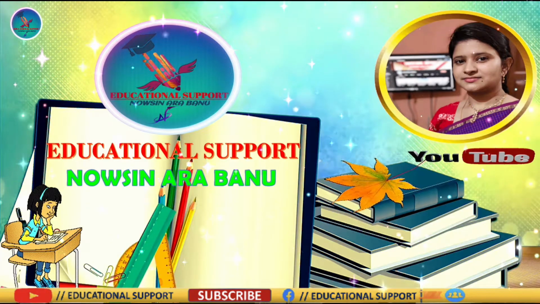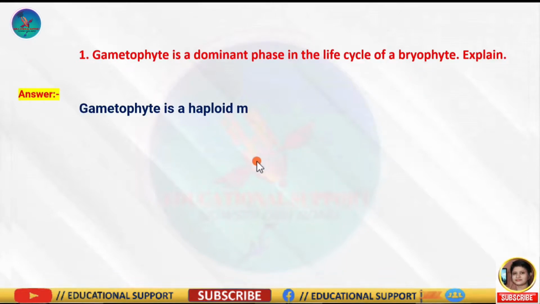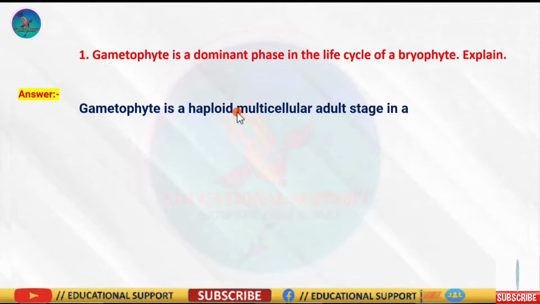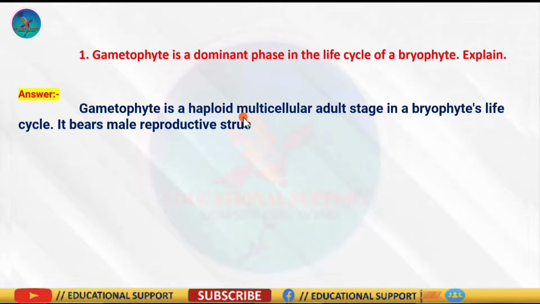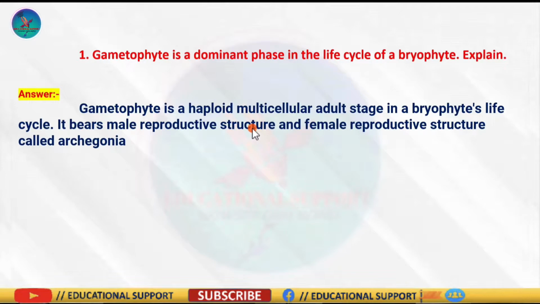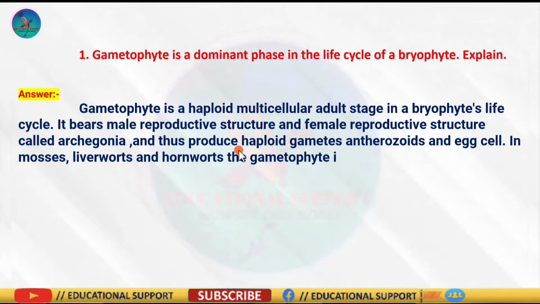So let's get started. Question number 1: gametophyte is the dominant phase in the life cycle of a bryophyte. Explain. The main plant body of the bryophyte is haploid. It produces gametes, hence it is called a gametophyte. The sex organs in bryophytes are multicellular. The male sex organ is called antheridium. They produce biflagellate antherozoids or biflagellate sperms.